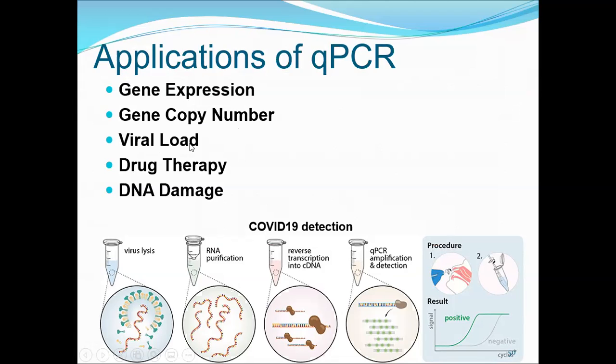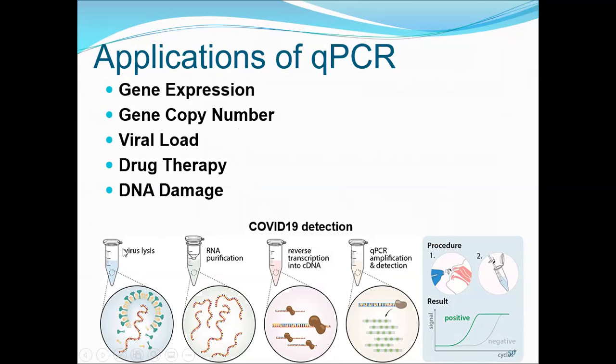Then viral load, how much is the load of the virus. Drug therapy, DNA damage. For detecting COVID-19 also, we use the qPCR based method. So in Indore and all over the world, people use this method.